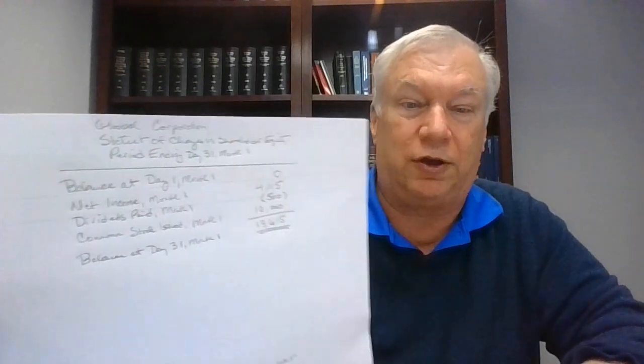And we take this information from the adjusted trial balance and also the income statement, so to get these numbers. I think that's it. So I think that was the problem.